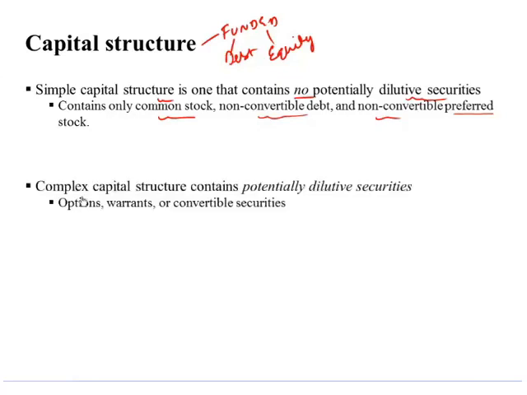In a complex capital structure, over and above these securities, there are some potentially dilutive securities. We call them potentially dilutive as they can potentially reduce the EPS of the company. Some examples of these securities include options, warrants, convertible debt, convertible preferred shares, as we will study in the coming slides.